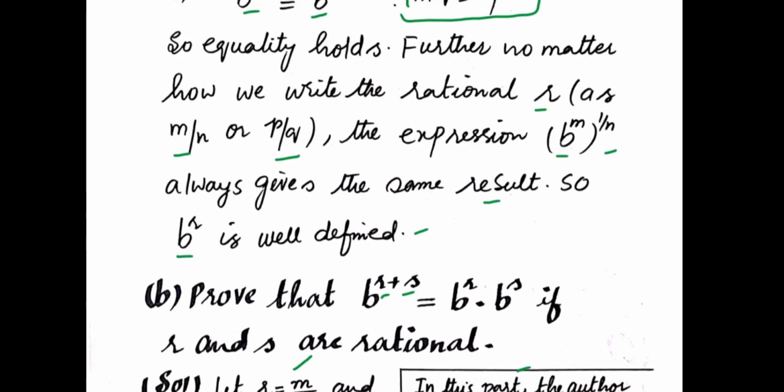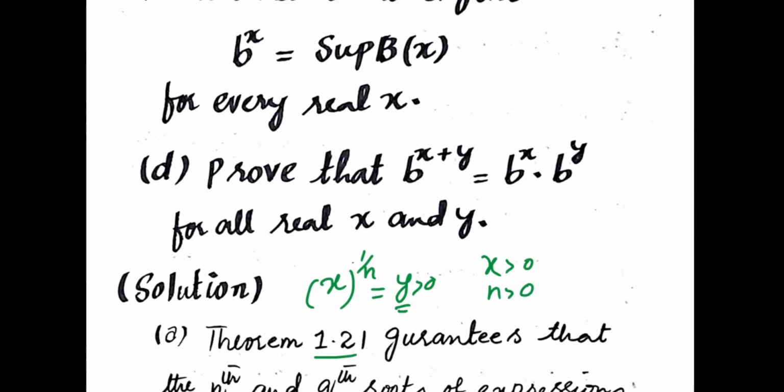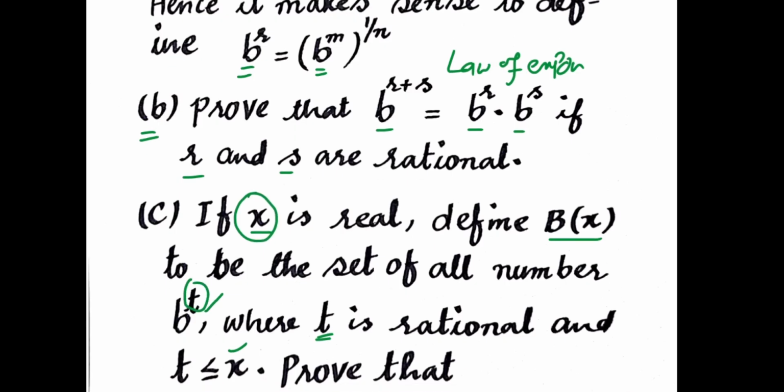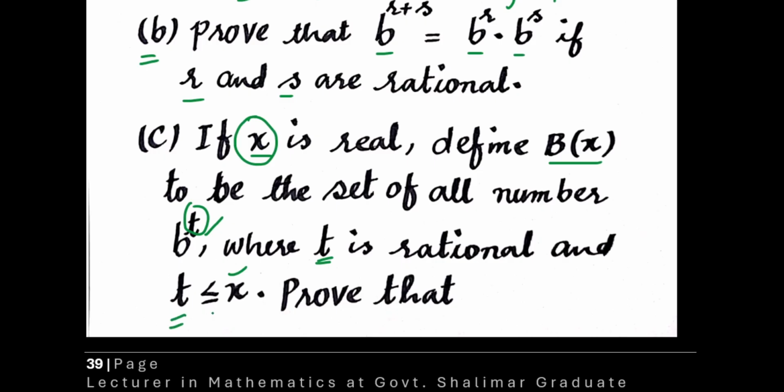Now part C. This is interesting and has some deep concepts. If x is a real number, define the set B(x) to be the set of all real numbers b raised to power t, where t is a rational number and t is less than or equal to this real number x. Here you can notice that x is a real number and t is a rational number, and it is given that this rational number t is always less than or equal to this real number x.